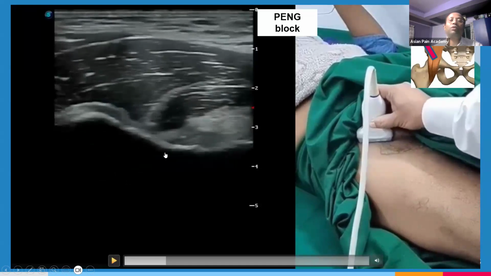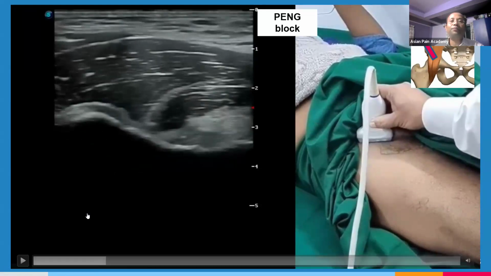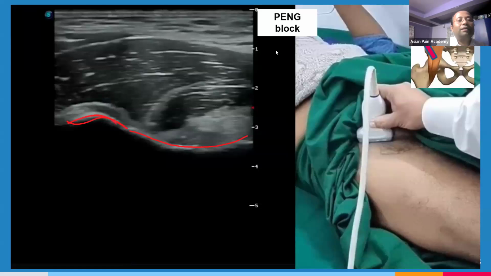If I go in this way, in the medial part, now we are not on the head of the femur. It was lateral. I have gone a bit medial. So what can we see here? This area is the anterior inferior iliac spine.